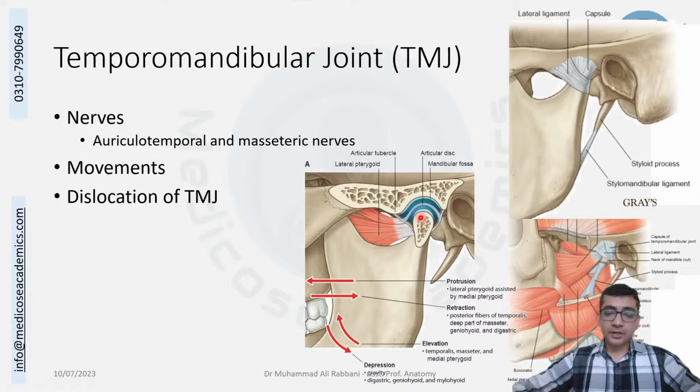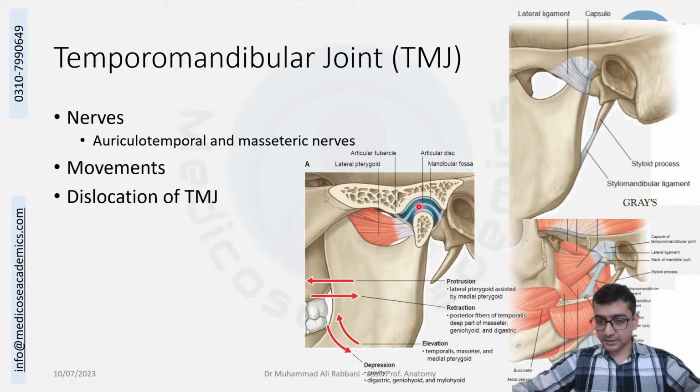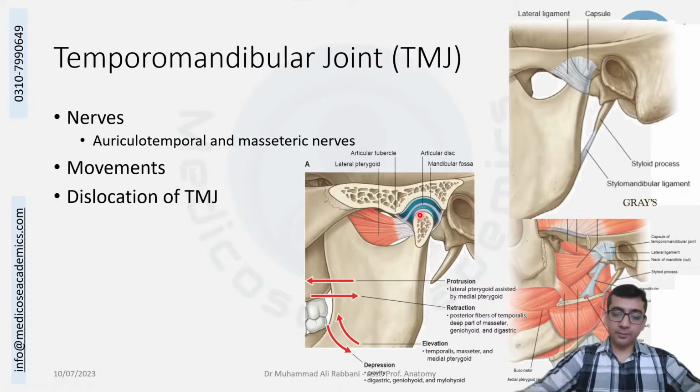Normally, the temporomandibular joint is very stable in the closed position. The closed position, this is the closed point. The mandibular fossa is fitting the mandibular head, and when the mouth is open, the mandibular head will come right here on the top, and it will go like this.